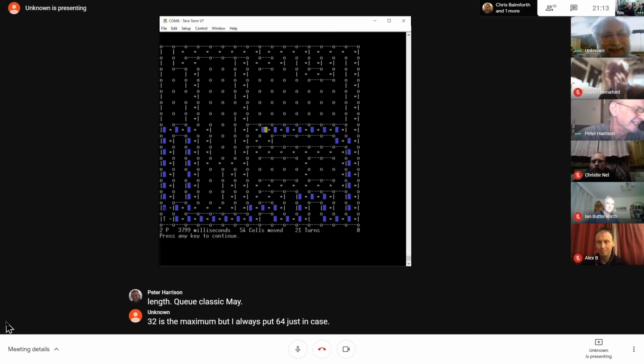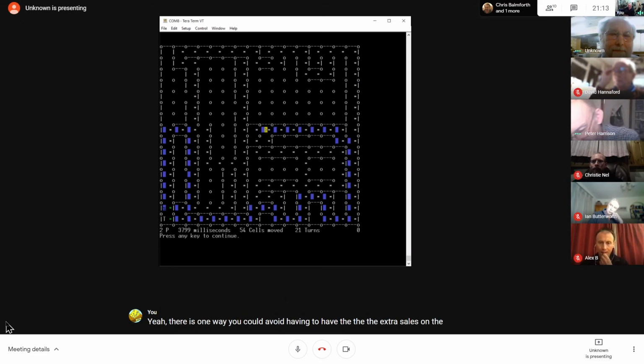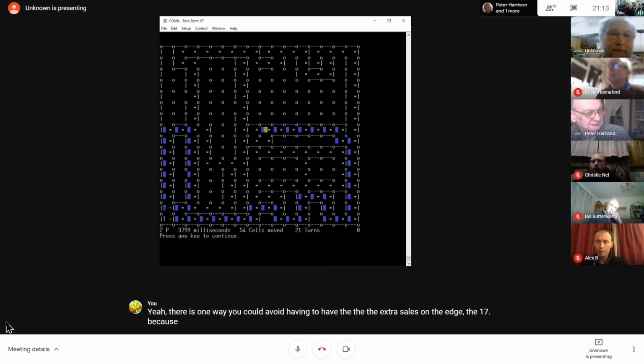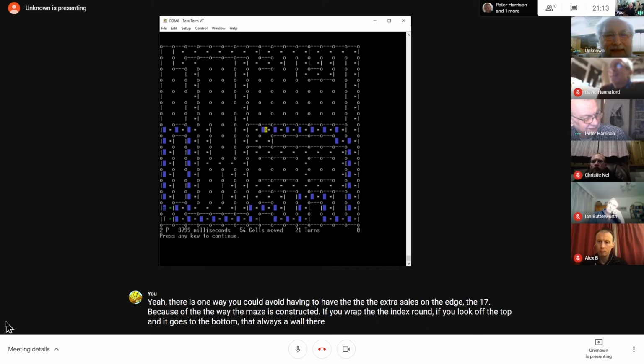There is one way you could avoid having to have the extra cells on the edge, the 17, because of the way the maze is constructed. If you wrap the index round, if you look off the top and it goes to the bottom, there's always a wall there because it's the edge of the maze.